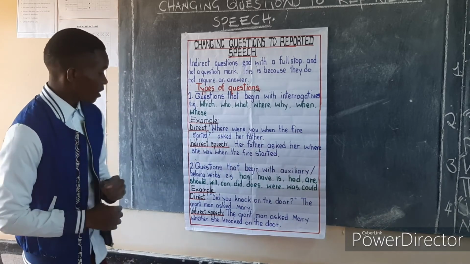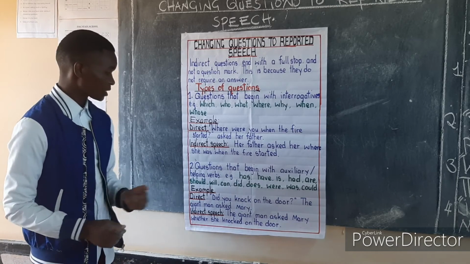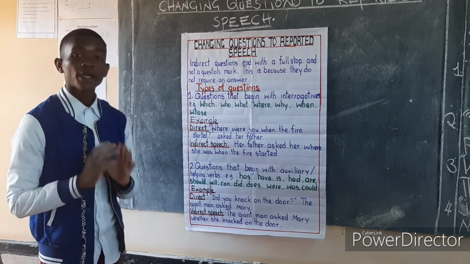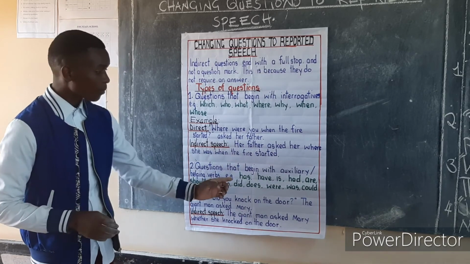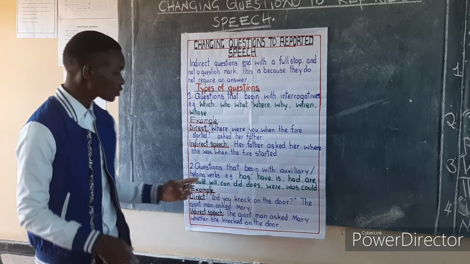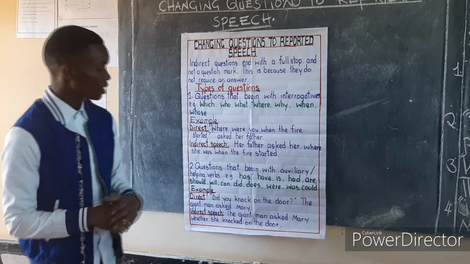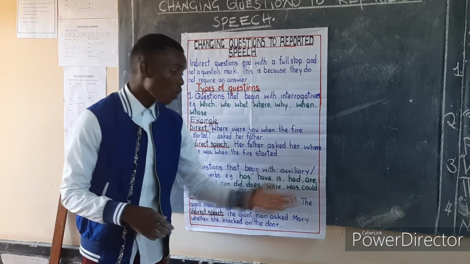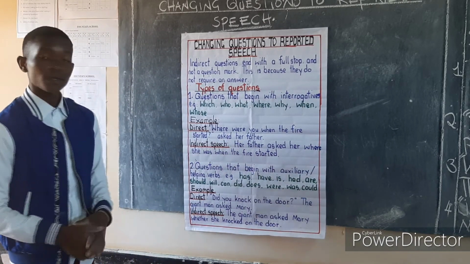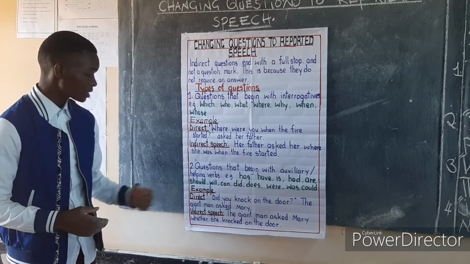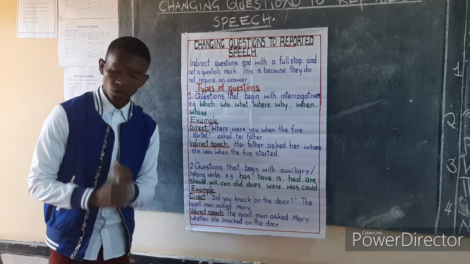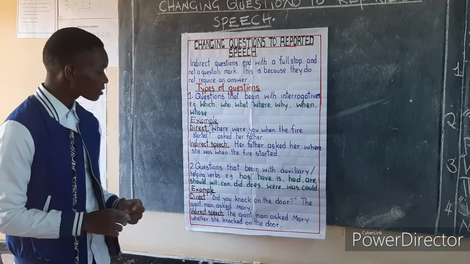Another type of question we've discussed is questions that begin with auxiliary or helping verbs. Example: has, have, is, had, are, should, will, can, did, does, were, was, could, and many more.